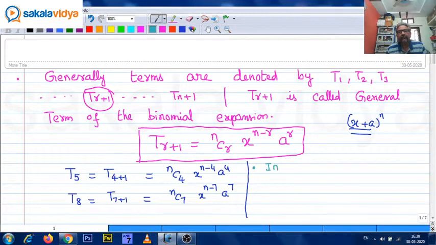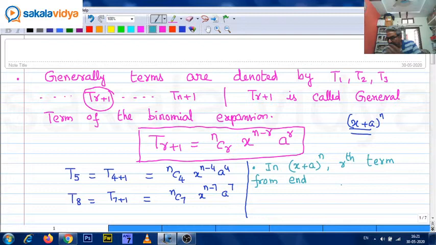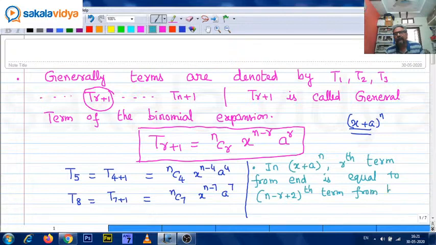In the expansion of (x plus a) to the power of n, if you want to find the rth term from the end, the rth term from the end is equal to the (n minus r plus 2)th term from the beginning.